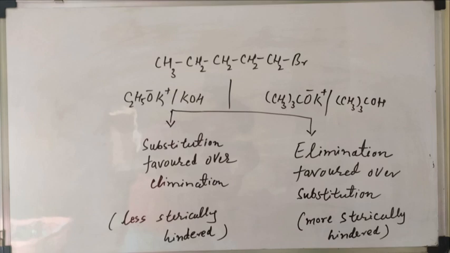Whenever the haloalkane is treated with a strong base and heated, or in hot alcoholic KOH, it always prefers to undergo the elimination reaction over the substitution reaction. So whenever you find the symbol delta, meaning heating with a strong base, it always gives the elimination as the major product.